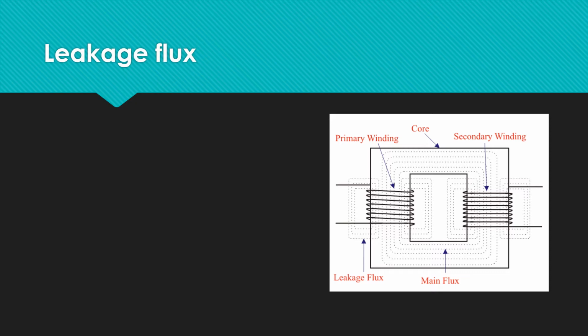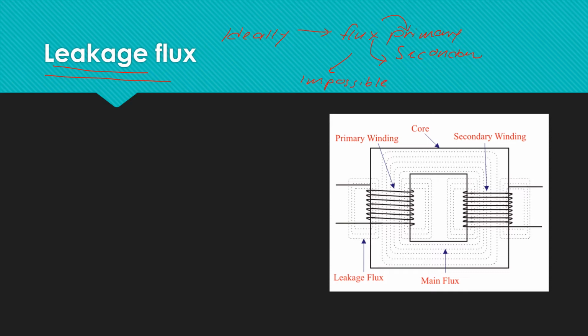Next, what is leakage flux? In an ideal transformer, all the flux will link with both primary and secondary windings. But in reality, it is impossible to link all the flux in a transformer with both primary and secondary windings.